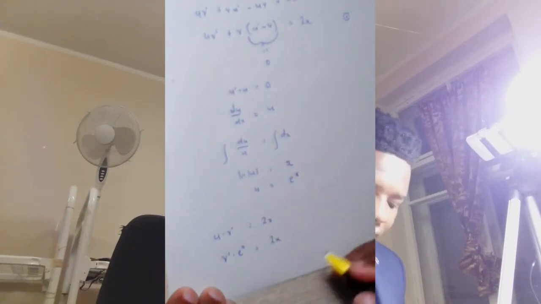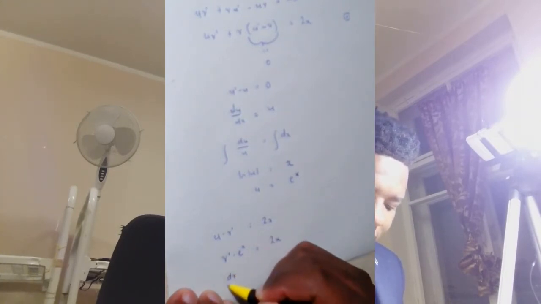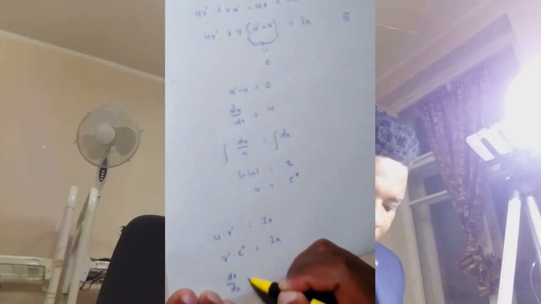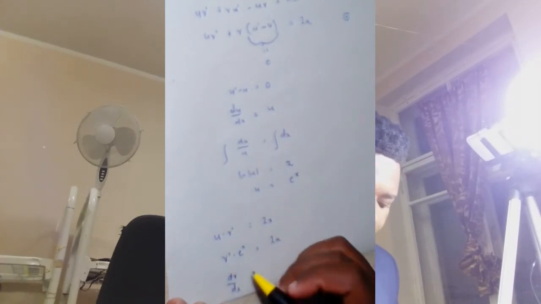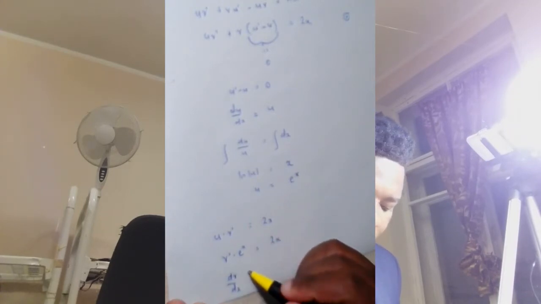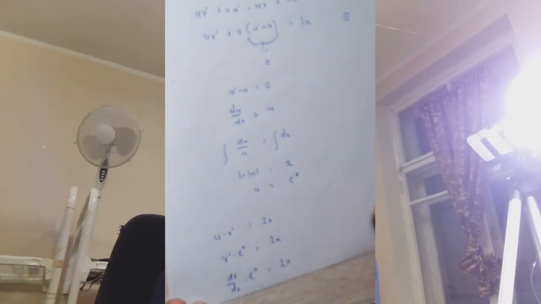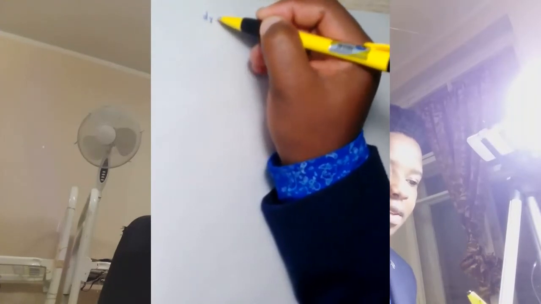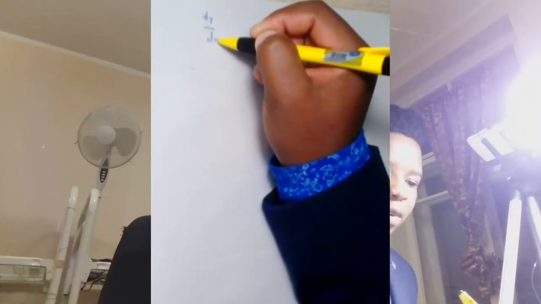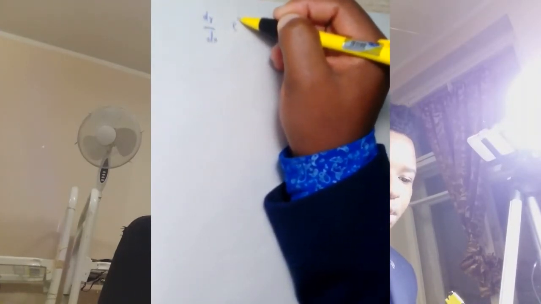And now I can rewrite it as dv dx multiplied by exponent of x is equal to 2x.